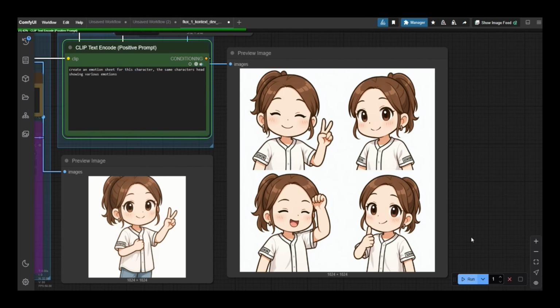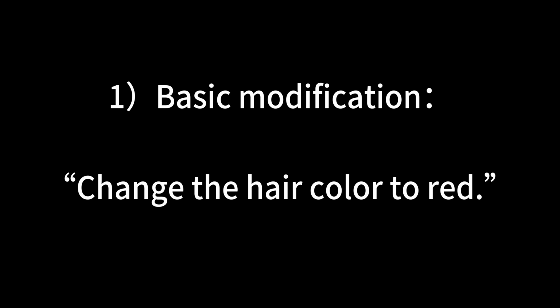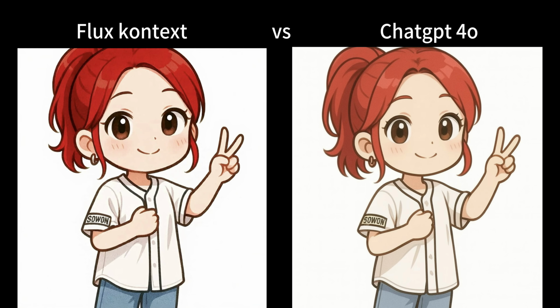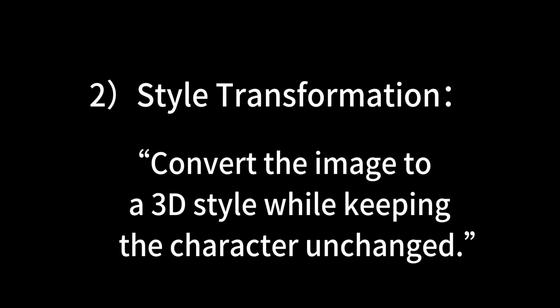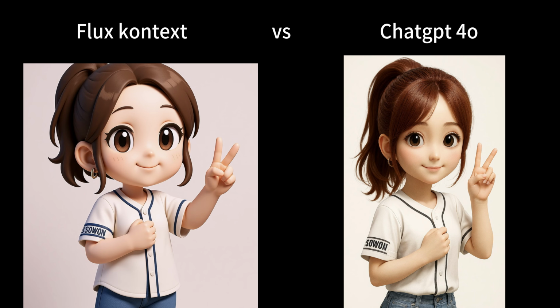First, we will start with basic modification. The prompt I use is change the hair color to red. On the left is the result from Flux Kontext, and on the right is from ChatGPT. Second, we have style transformation. The prompt here is to convert the image to a 3D style while keeping the character unchanged.